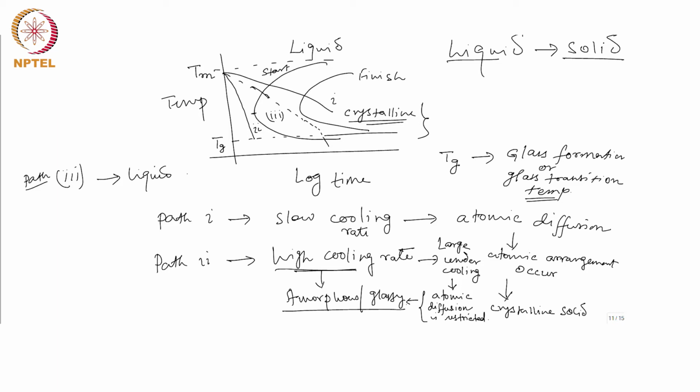So, part of the liquid will transform to crystalline, and as it goes below the Tg temperature, the rest will solidify as an amorphous material.